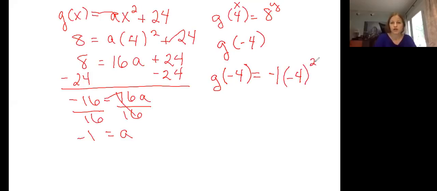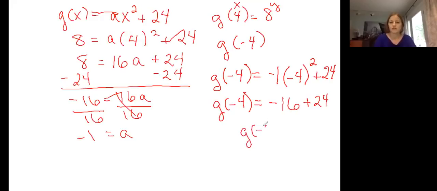So I put that in for x. So here I have g of negative 4 equals negative, and make sure you're squaring negative 4. So negative 4 times negative 4 is positive 16, but I had times negative 1 out here. So that's where the negative comes in, plus 24. So g of negative 4 equals 8. Now I'm done.